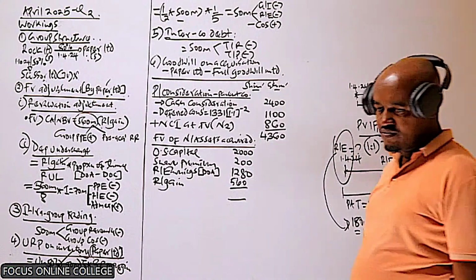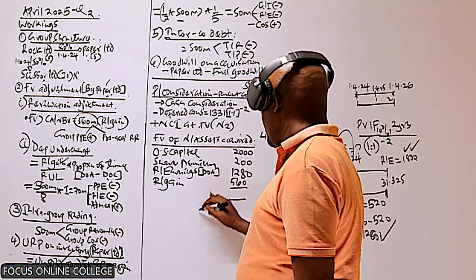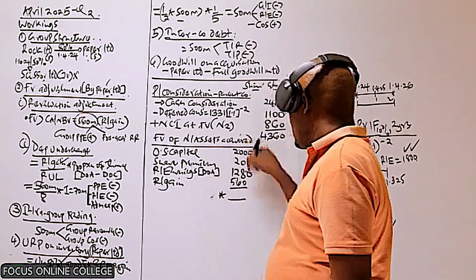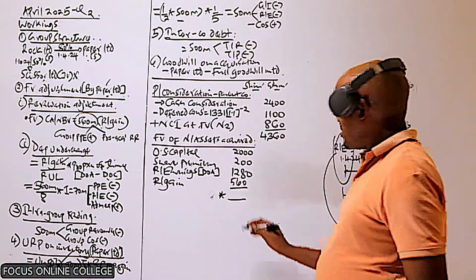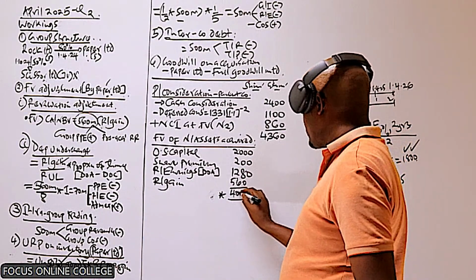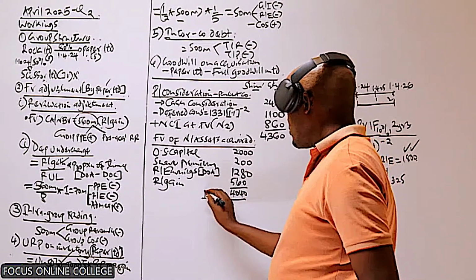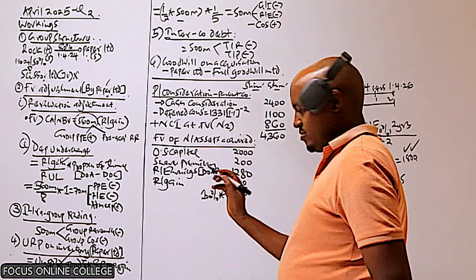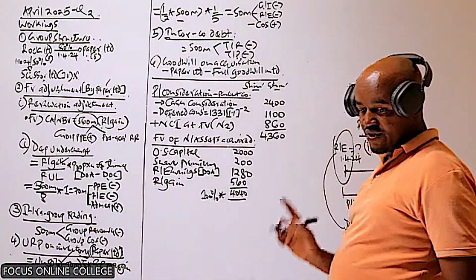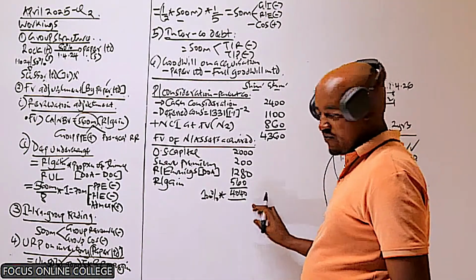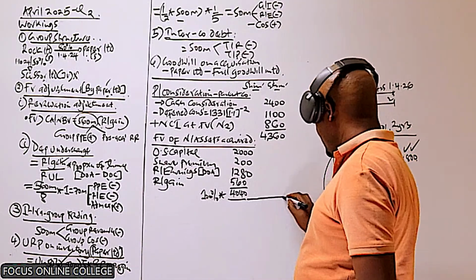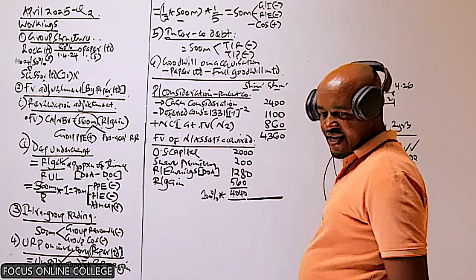Let's get this total. This will give us a total of 40. Because you're using the full goodwill method, we take 100% of that. We are interested in the net assets acquired by the parent and the NCI.